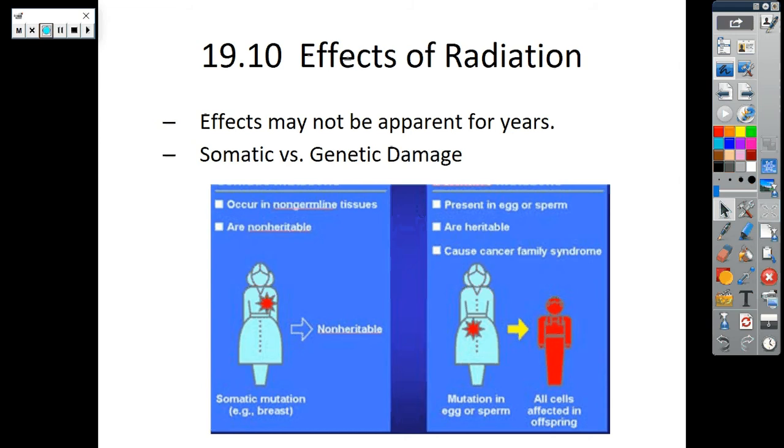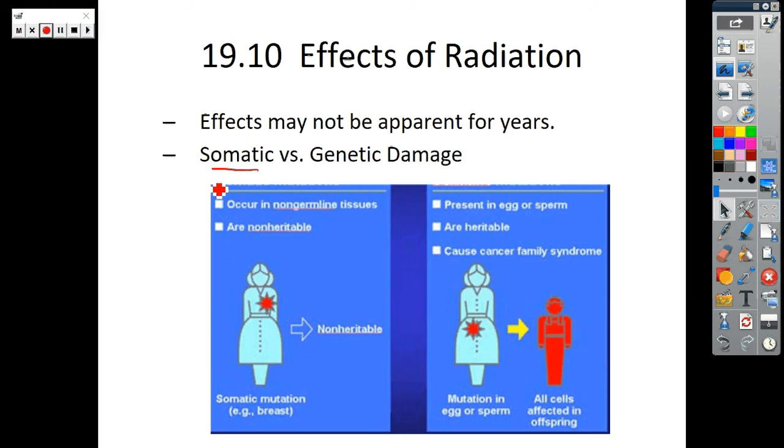But in general, effects of radiation can fit into one of two major categories. Either they can be somatic. If we're talking about somatic damage, we're talking about basically damage that occurs in non-germline tissues. What this means is tissues that are not involved in reproduction.